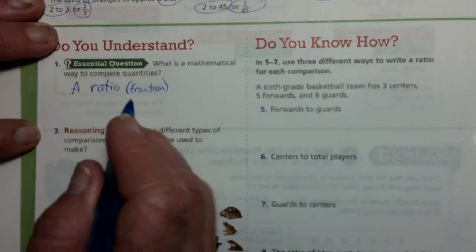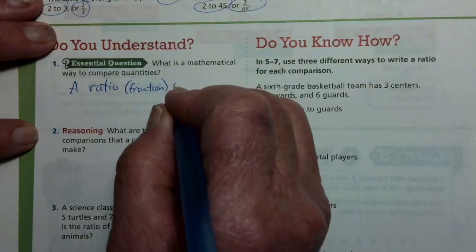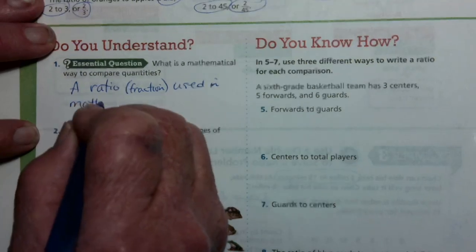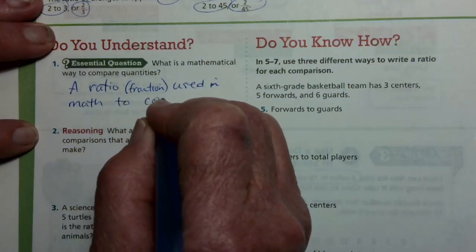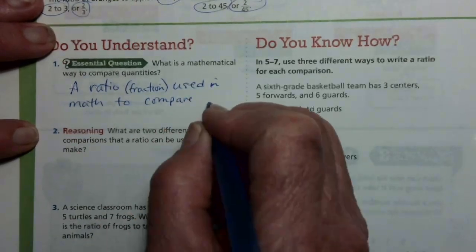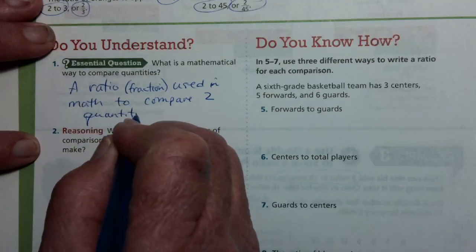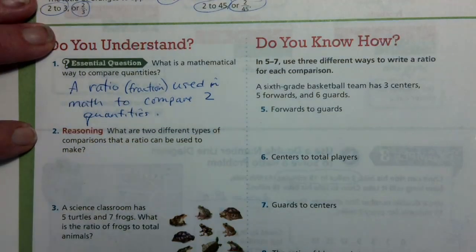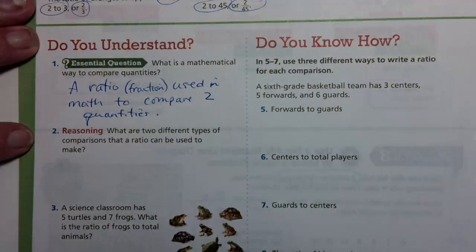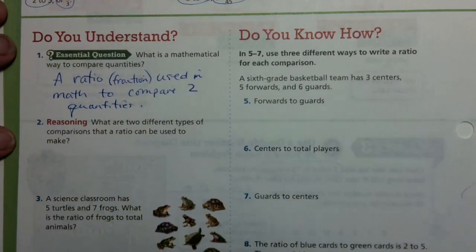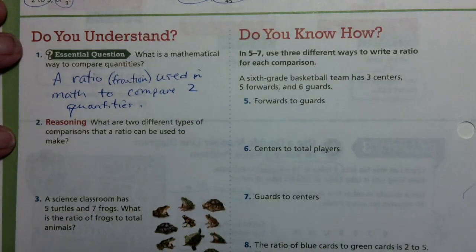A ratio is a fraction used in math to compare two quantities. There's 3 ways to write a ratio, but the one we're going to use the most is a fraction form.